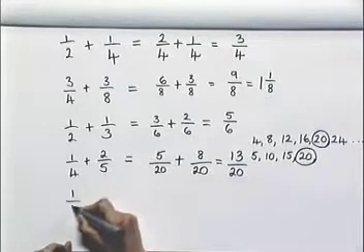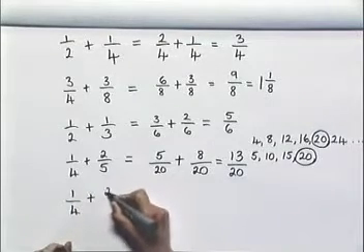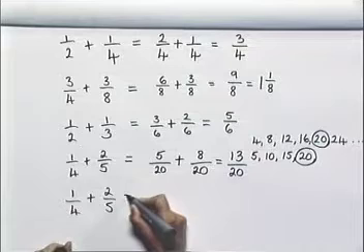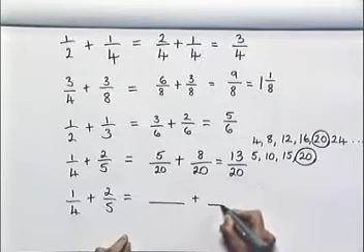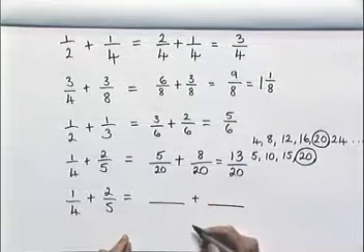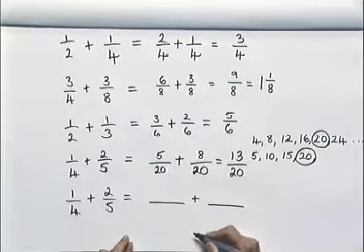Let's have a look at this now numerically. We've done it by thinking about it, by perhaps visualising it in our heads. Let's have a look numerically at what's actually happening. There's our quarter plus 2/5. How did we arrive at this 20?